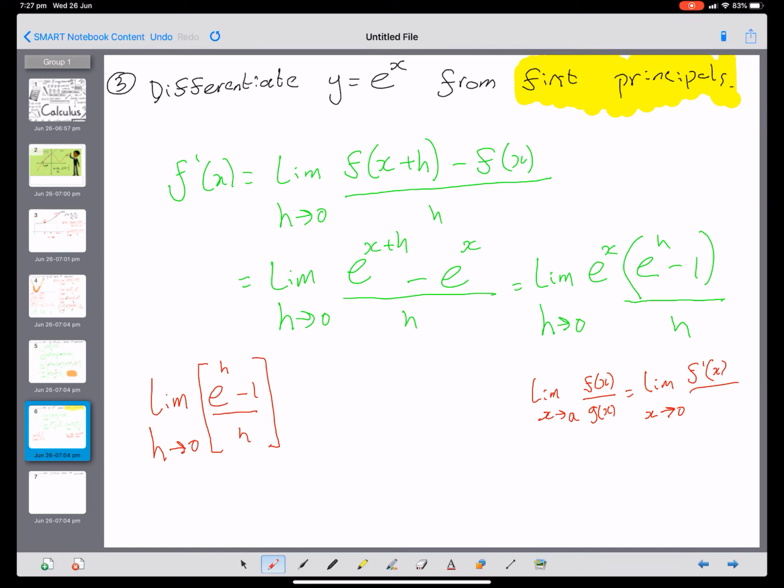Okay, you don't need to know this result, but I just thought I'd show it to you. So if we differentiate top and bottom with respect to h, we get the limit as h goes to 0. We're just going to get e to the h over 1. e to the 0 is just going to be 1. So we can rewrite this limit as 1. So let's do that then. Let's rewrite that limit as 1.